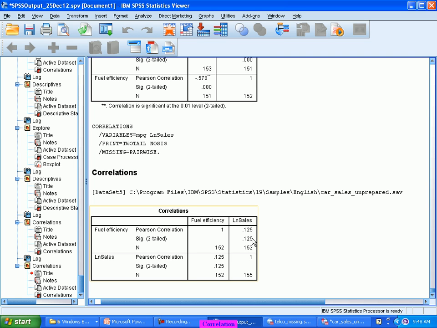But the transitive relation is not working out. See here, fuel efficient car means low price. Low price means high sales. These relationships are established. But this transitive relationship is not getting established.